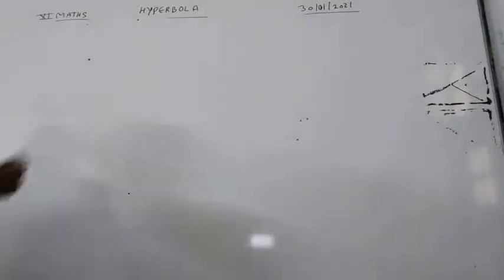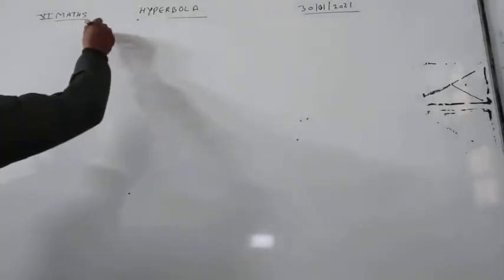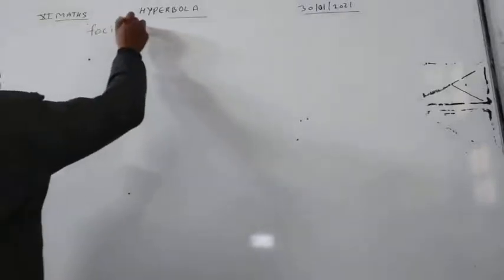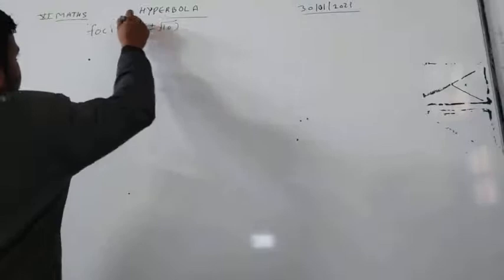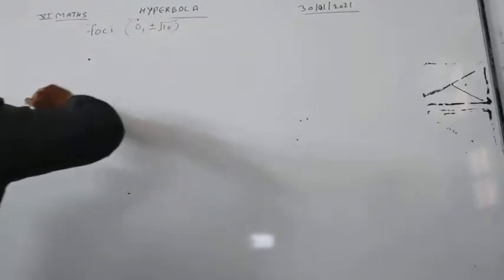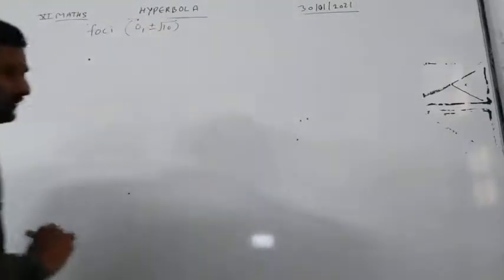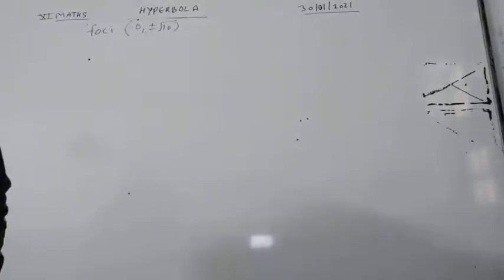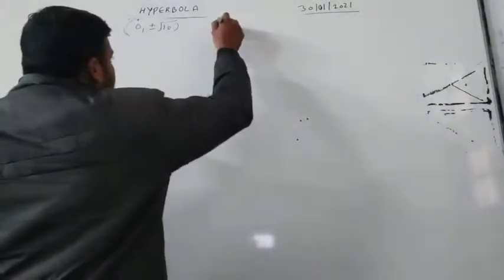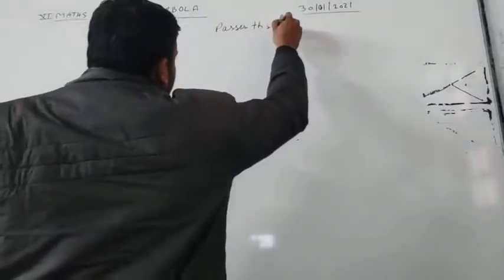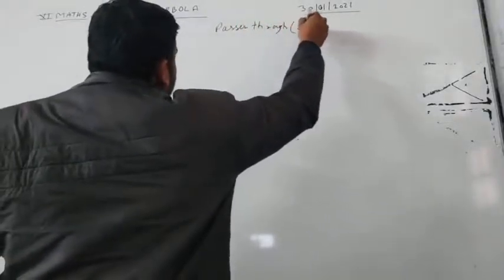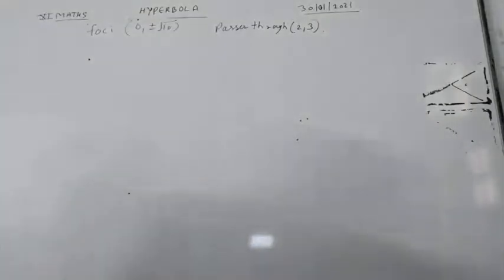Question says that, students, find the equation of hyperbola whose foci are (0, plus minus root 10) and it passes through the point (2, 3).